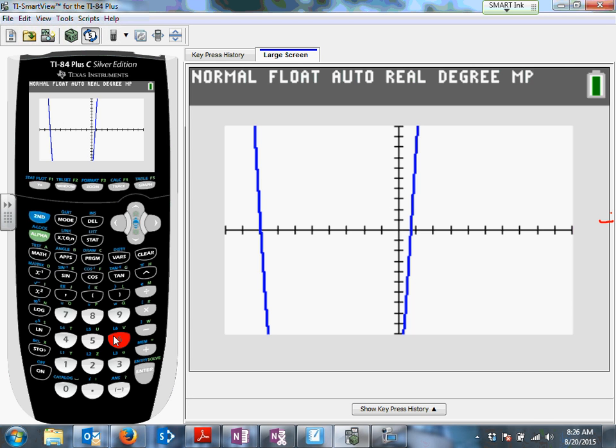Okay. So then what we can do, does everyone have a graph? Okay, go with me.